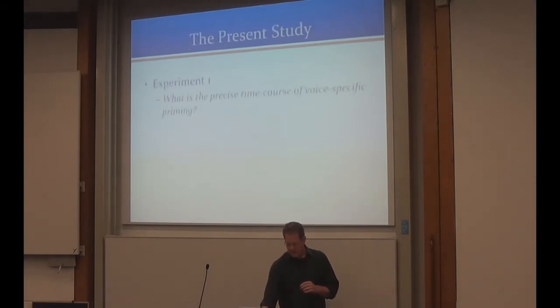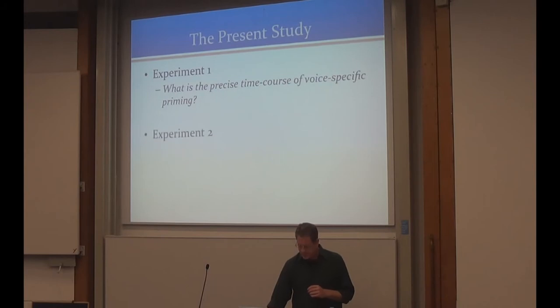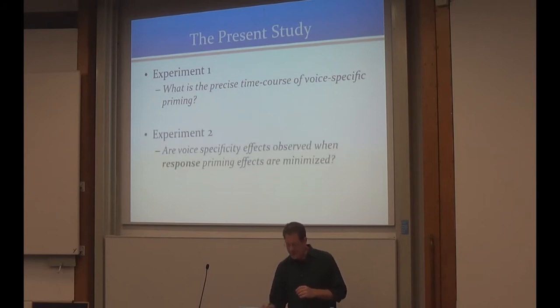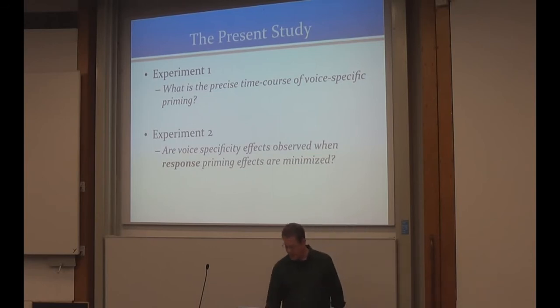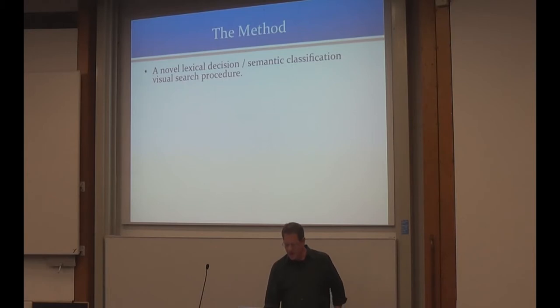And what we did is experiment 1, I'm going to take you through in just a moment, and experiment 2 is a control experiment. So I can skip this and move straight on. We used a novel, old procedure. Lexical decision to spoken words and non-words, where we did not manipulate the nature of the non-words, we didn't make it easy or hard or do anything like that.